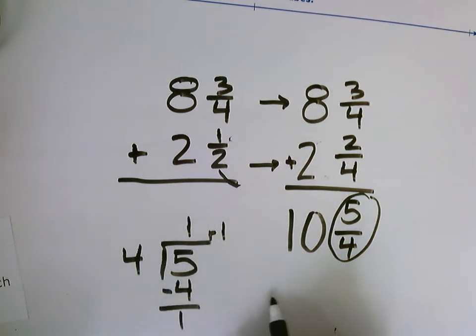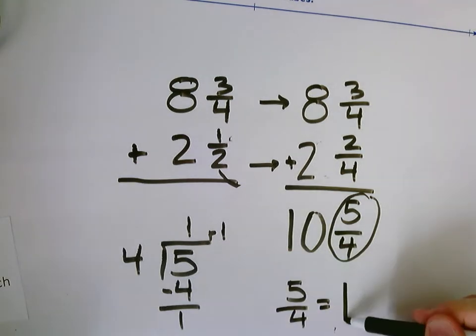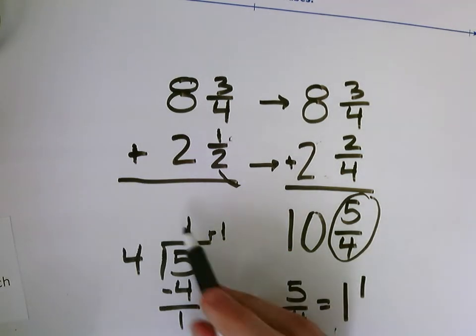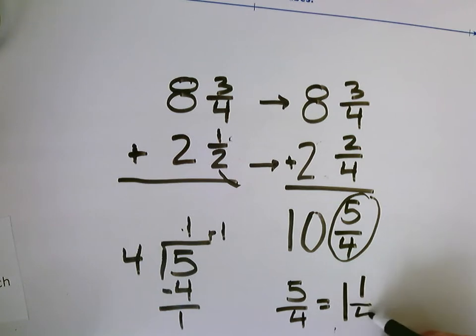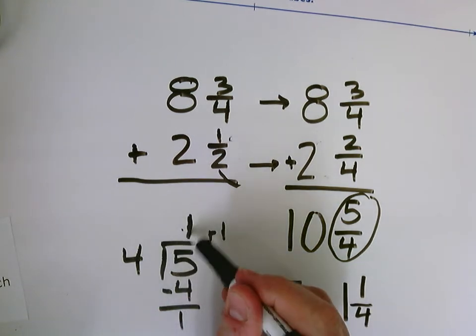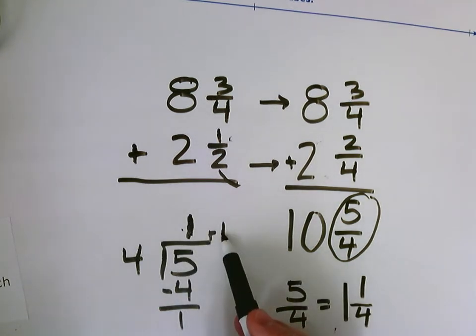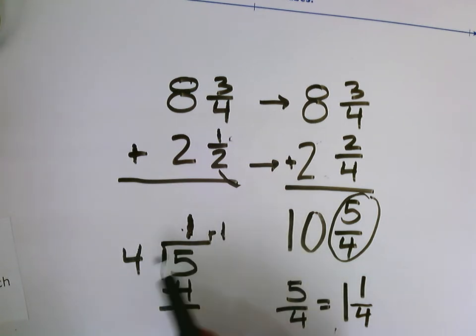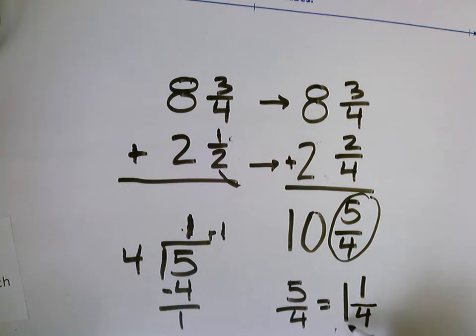So 5/4 is equal to 1 1/4. Our denominator stays the same. Our quotient is our whole number. Our remainder is our numerator, and our divisor is our denominator. So 5/4 is equal to 1 1/4.